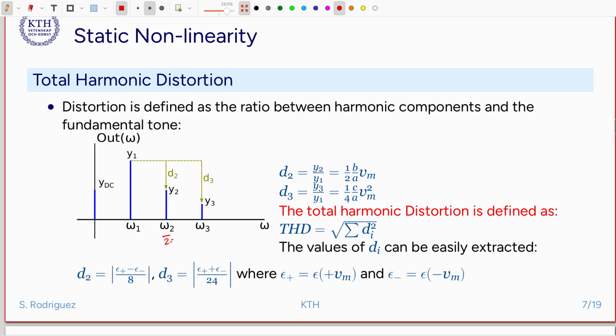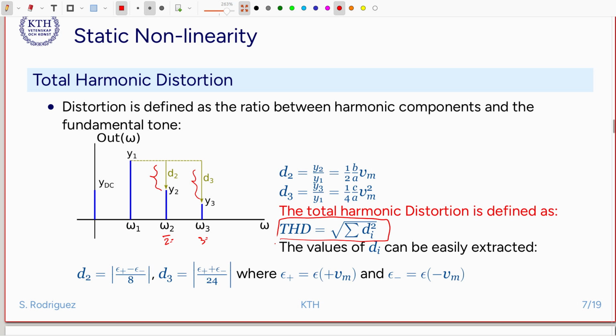We find these levels D2 and D3, and we express them in decibels, and then we have a very good idea of the distortion level produced at these frequencies. The total harmonic distortion is defined as the square sum of these distortion levels as factors, as we can see here.